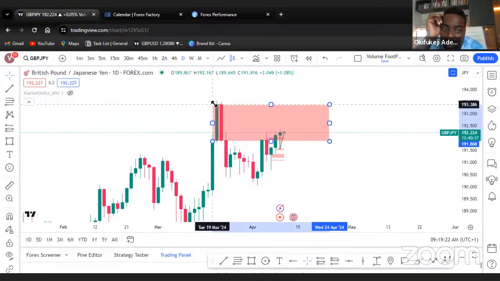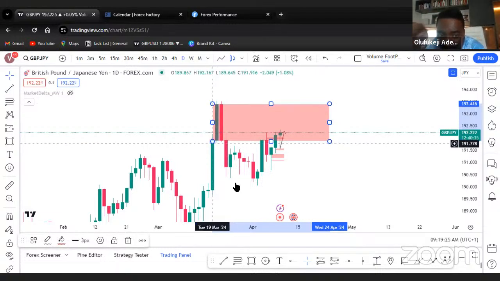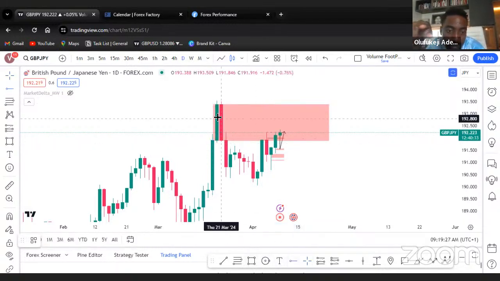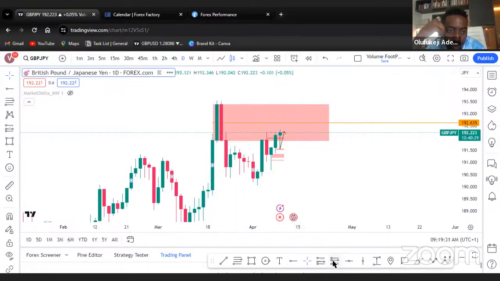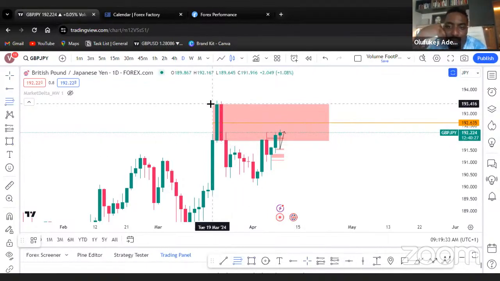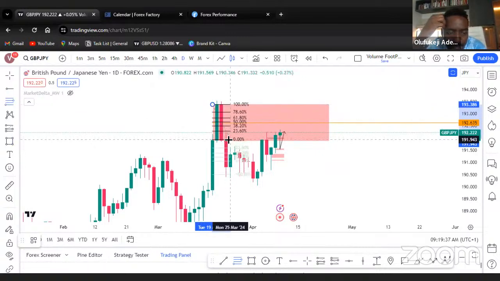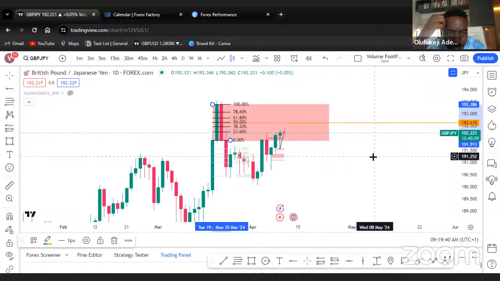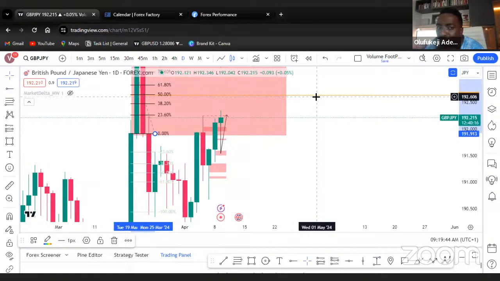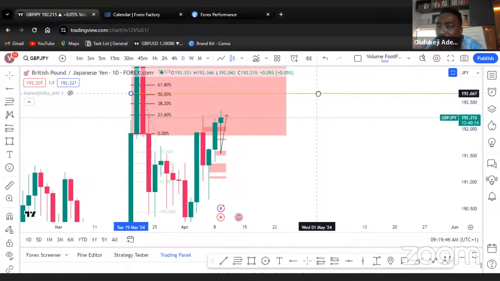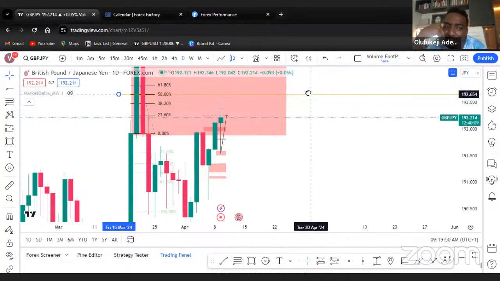Ignore the wick. 50% above it is the fib you should have used. Well, that's fine. But there's a box pattern at 192.80. So you see that price can likely do 50% consequent encroachment, tap into that, and then collapse to the downside.